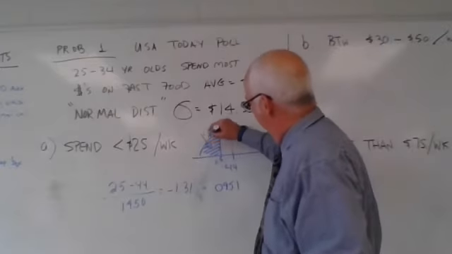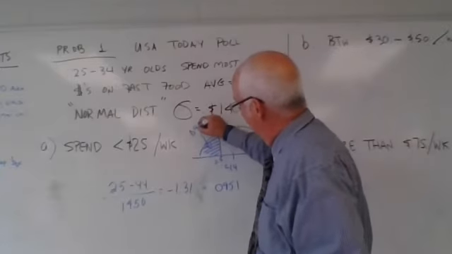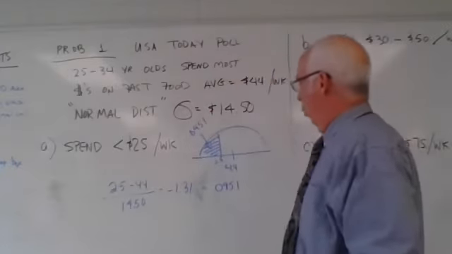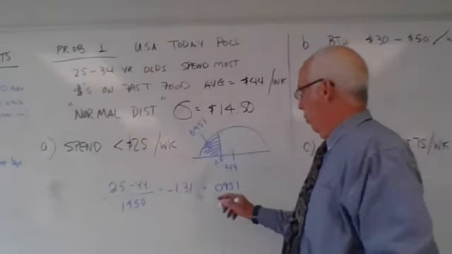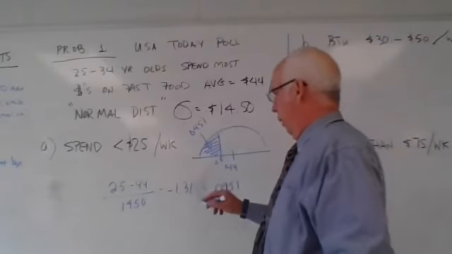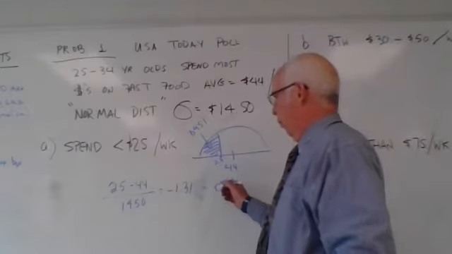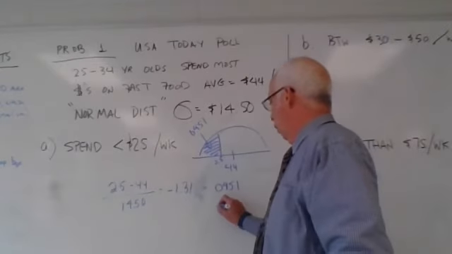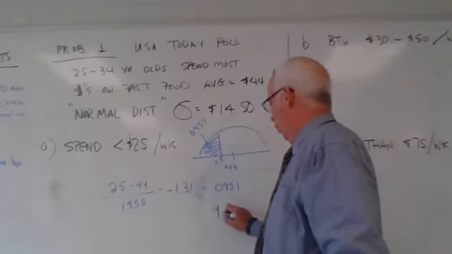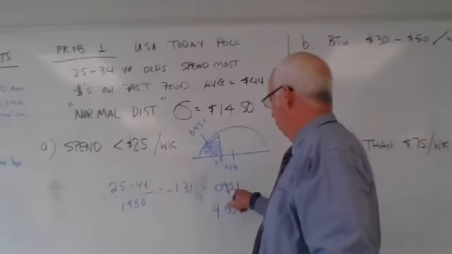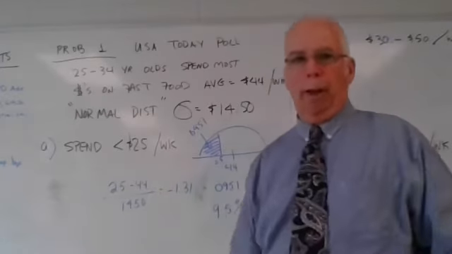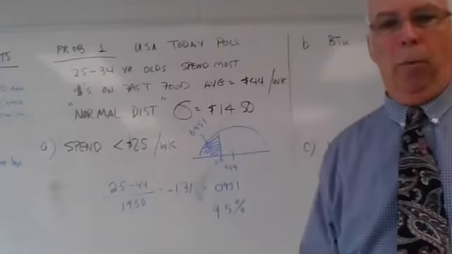And that's the volume of that area in there, which also equates to the probability, which is a nice thing. So the possibility of you spending less than $25, or the percentage of the population spending less than $25 on fast food every week, is 9.5%. Just moving that decimal place 2 to the right, multiplied by 100. I hope that makes sense.